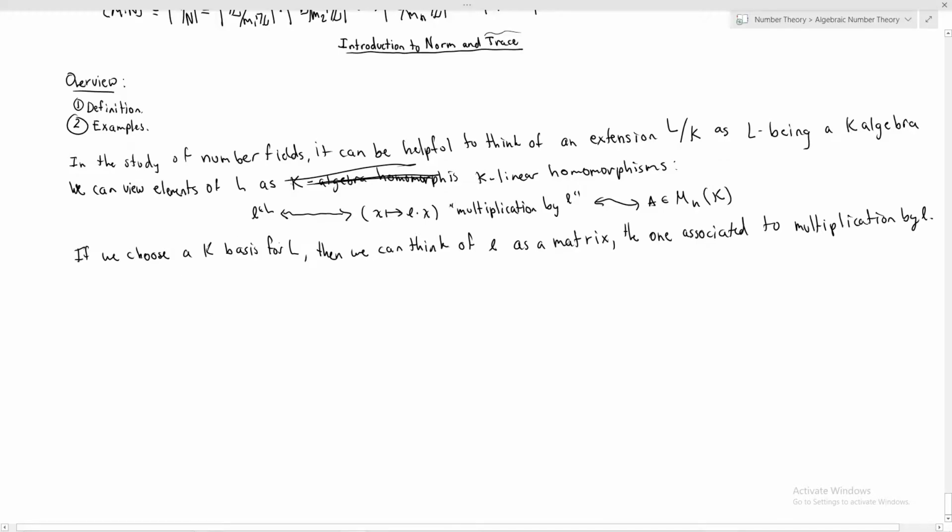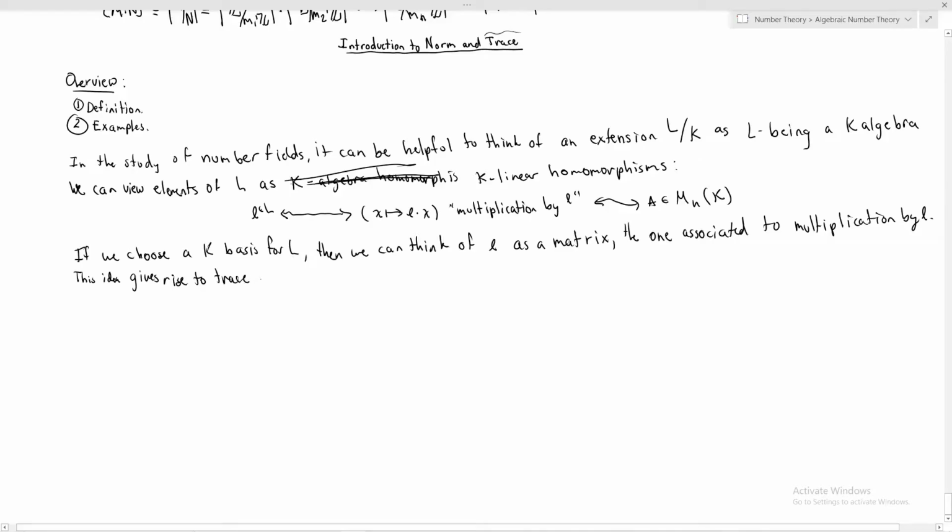So this is the idea which gives rise to trace and norm.